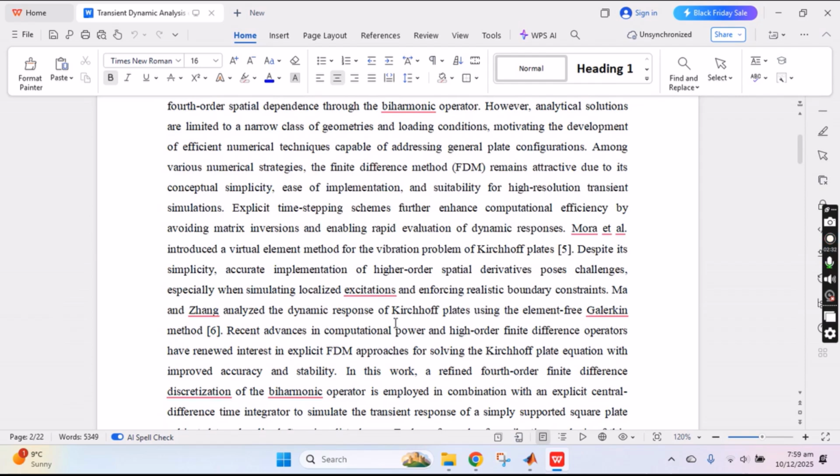So yes, in its simplicity, accurate implementation of high-order spatial derivatives poses challenges, especially in the simulation of localized excitation and enforcing realistic boundary constraints.